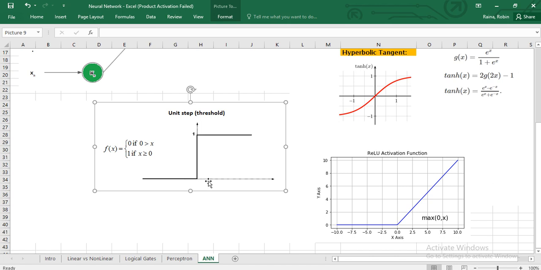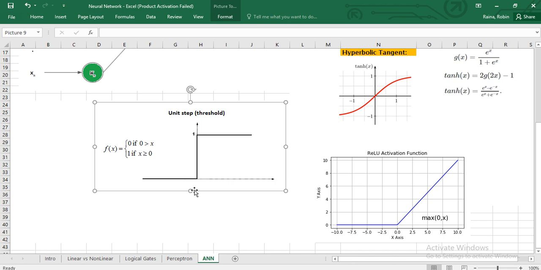So to overcome this problem, the problem that I mentioned, the step function, this one is non-differentiable at 0. When I say non-differentiable, you cannot differentiate whether it is 1 or 0.